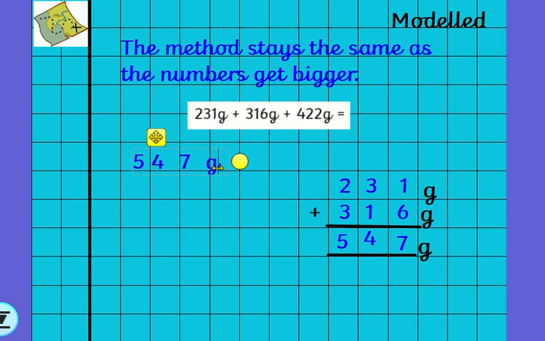So this number here. So we're then going to add 4, 2, 2 grams. And we are going to find out the total using our friend column addition.